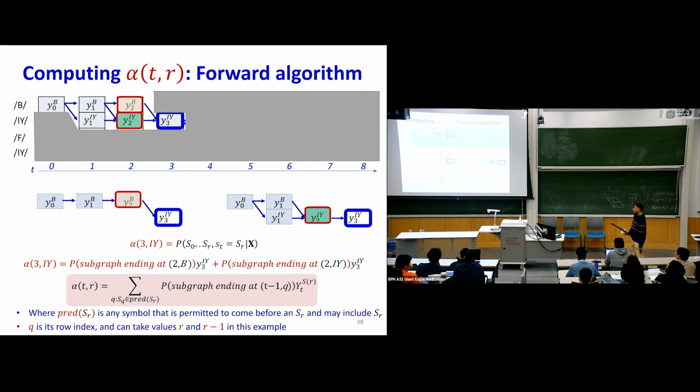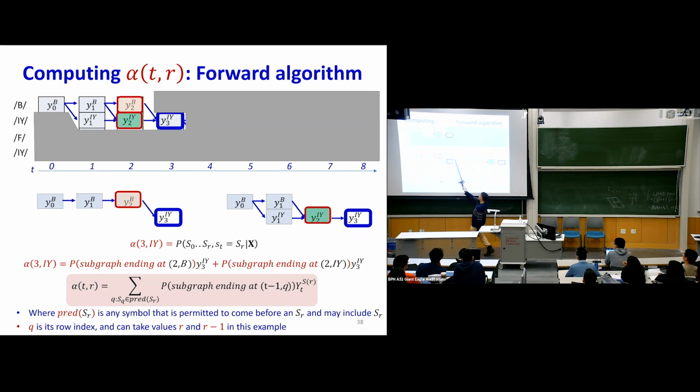So if I look at the total probability of all paths that end here, there's a total probability of this subgraph followed by this guy, plus the total probability of this subgraph followed by this guy. Are you seeing what I'm talking about?